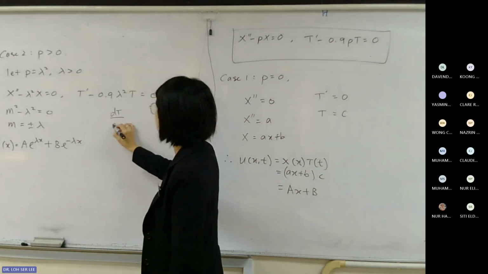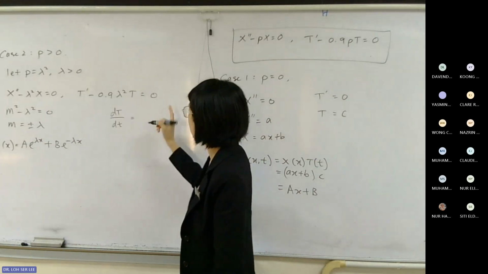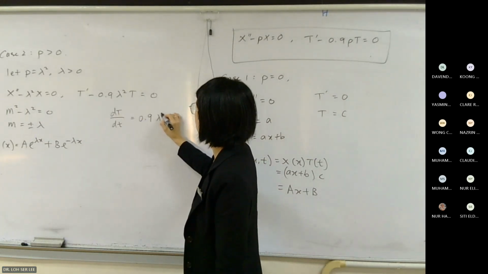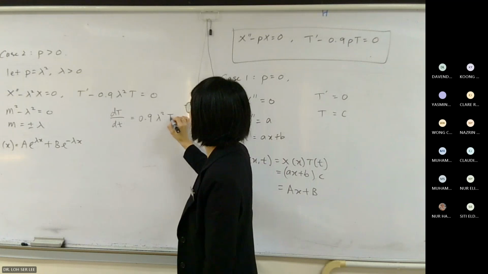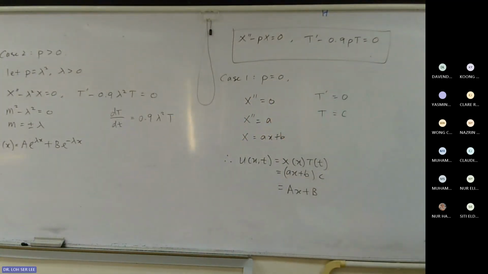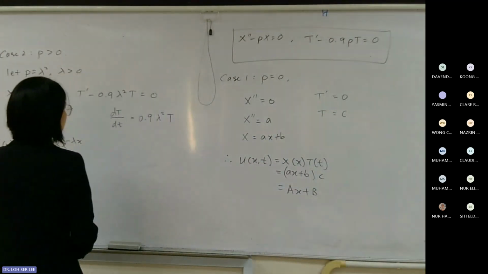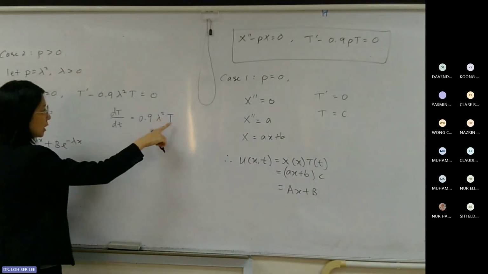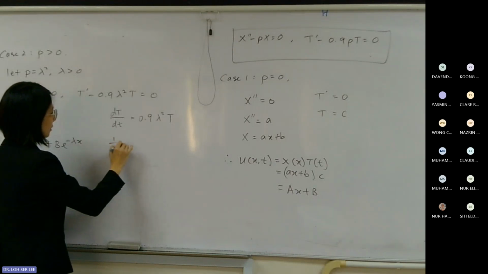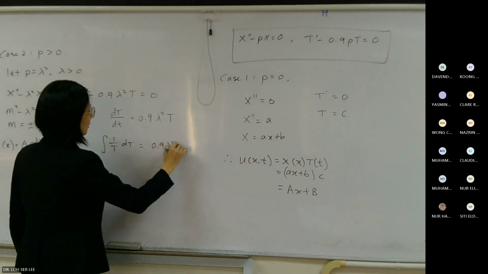And this T prime we write as dT over dt. Move this to the right, and move the uppercase T to the left. We separate the variables.